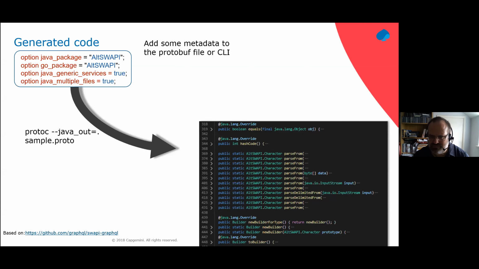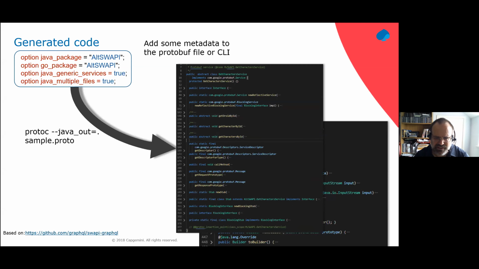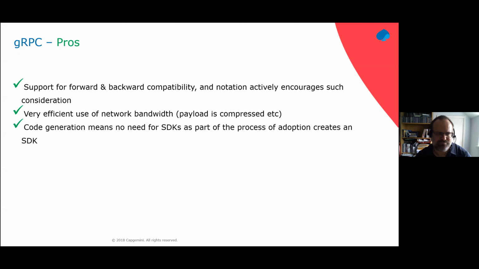And if you look carefully, you will see there are methods to take and handle the services. As you can see, I've got get descriptor, get character by ID just above my arrow, line 162, if you can read that, which maps directly back to where I was. Pros, I think I'm pretty much covered.